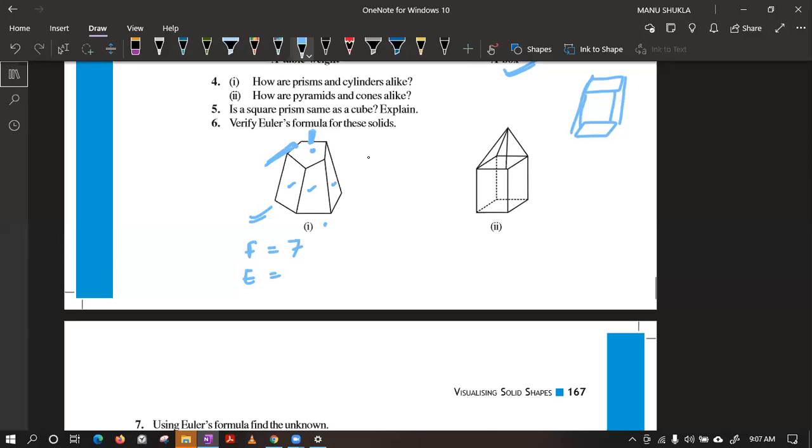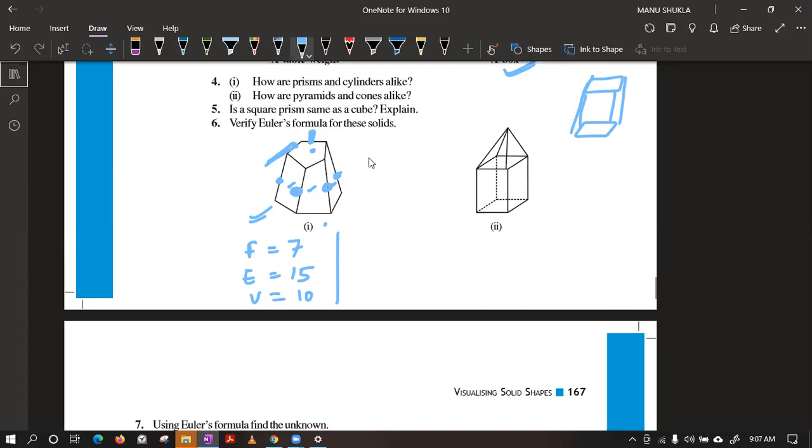After 10 you have 11, 12, 13, 14, and that one 15. So edges are 15. What about the vertices? How many vertices are there? Top is a pentagon, bottom is a pentagon. 10 vertices are there. Okay, good.